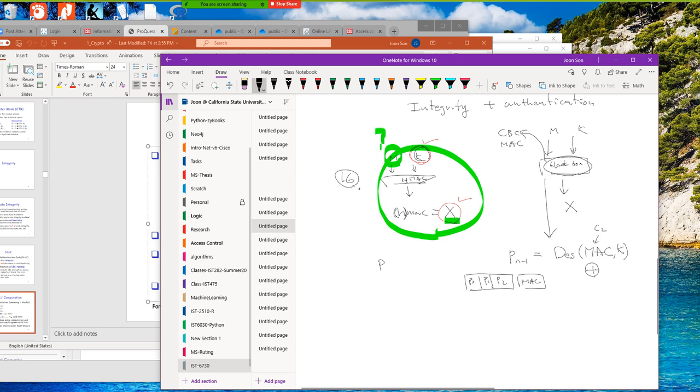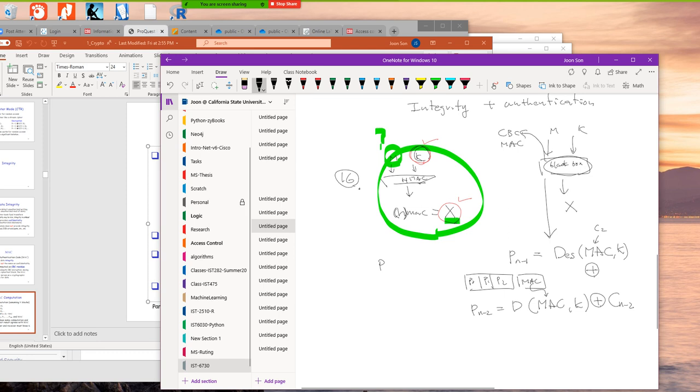So basically the equation is Pn2 is equal to the decryption, and if you know the MAC value from this tag, and then you use the shared key, and then using XOR and Cn2. So basically the last value, because assuming that the receiver also knows how to encrypt this P2, right?